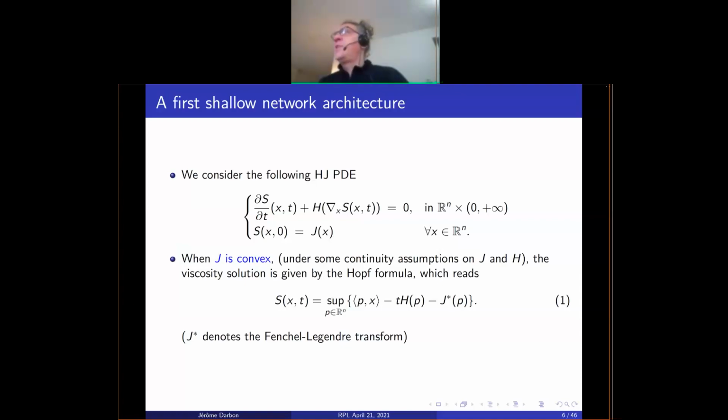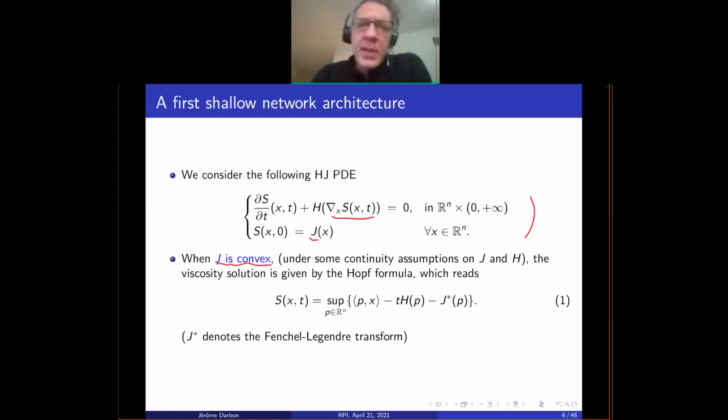The class of Hamilton-Jacobi PDEs we're going to consider here is of the following form. It's perhaps one of the simplest ones in the sense that the Hamiltonian H depends only on the spatial gradient of S. And you are given an initial data J, and I'm going to assume in this work that J is convex.